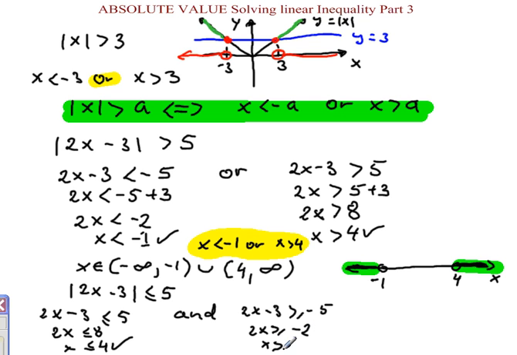So x is greater or equal to -1. So this is just the complement of that set. So -1, +4, in between. So this is the portion of the line that defines the solution here.